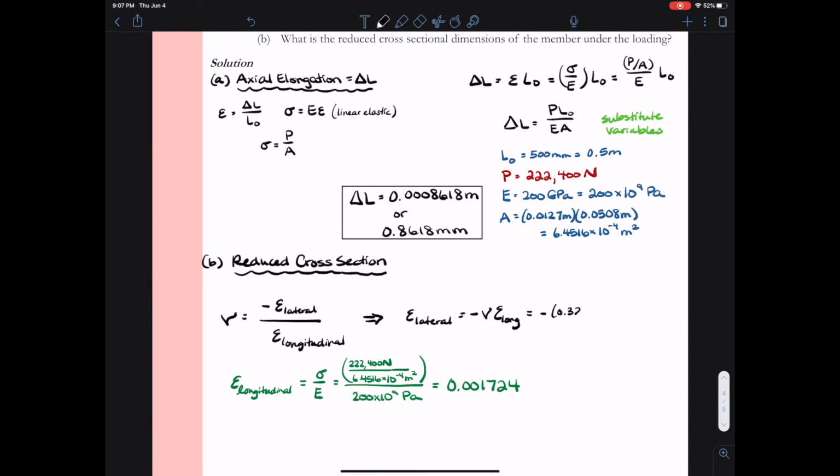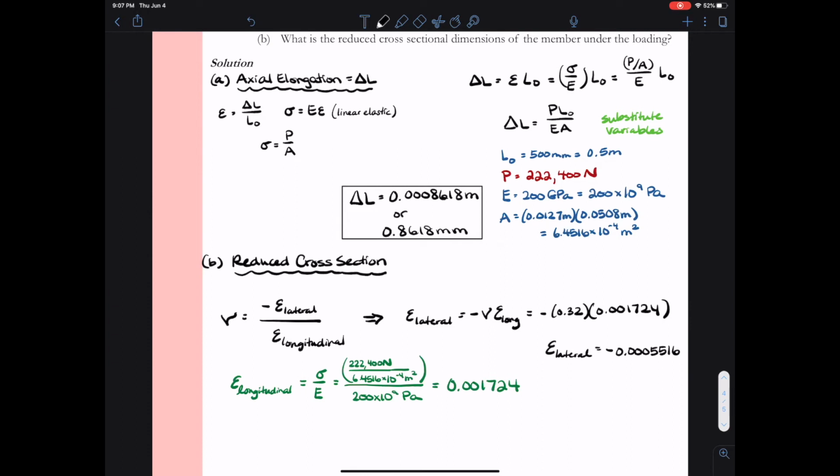So that's going to be negative 0.32 times 0.001724. So doing the math there, I get that the lateral strain is going to be negative 0.0005516.